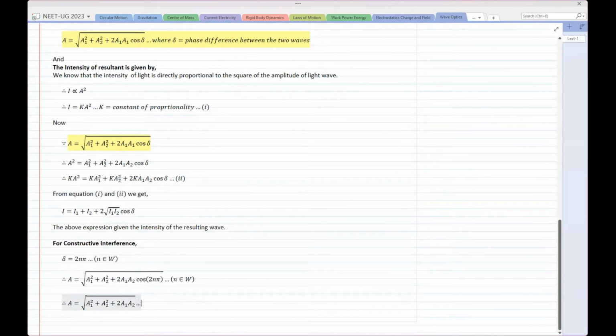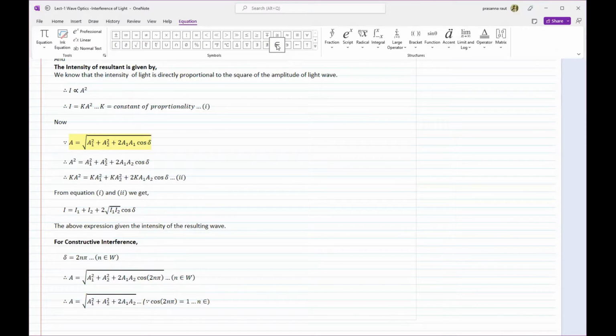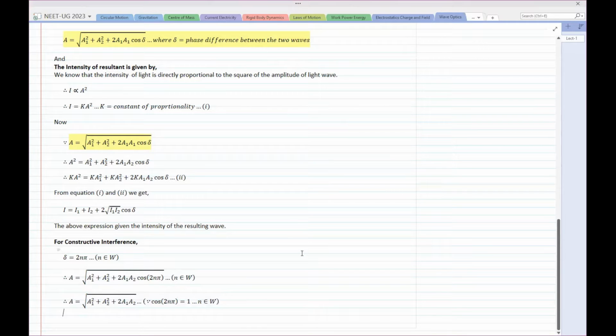You can check that. Cos of 2n pi is 1, positive 1, as long as n belongs to the set of whole numbers, then we have this condition.